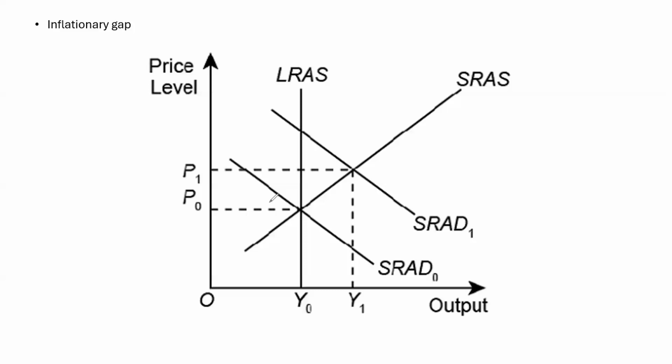So when the aggregate demand is shifted to the right, the short-run aggregate supply must shift to the left, like this. The short-run aggregate supply must shift to the left to bring the real GDP back to the long-run aggregate supply.